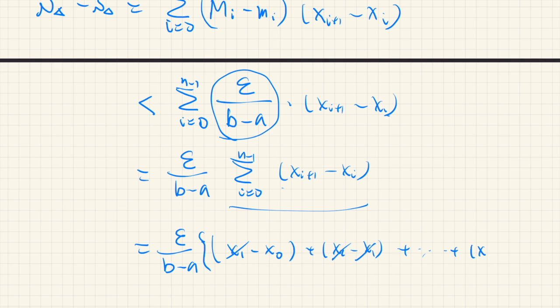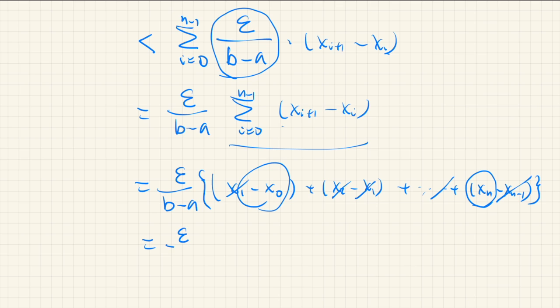And in the end, we have xn minus 1, and this xn minus 1 will be cancelled by a previous one. So what's left is this one and this one. So we have epsilon over b minus a times xn minus x0, but x0 is a, xn is b. So this one and this one cancel, and we have epsilon.